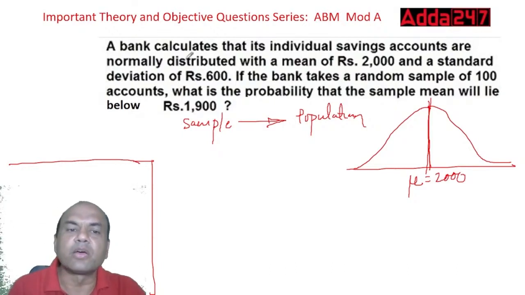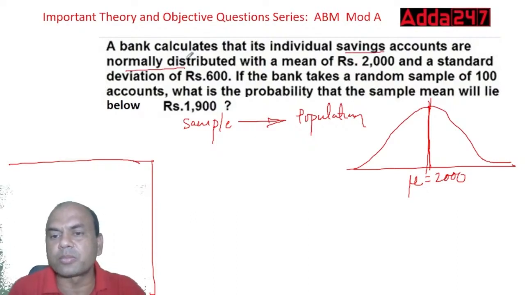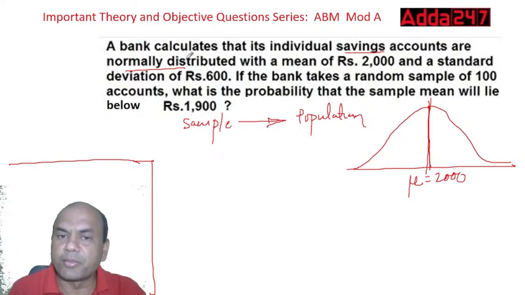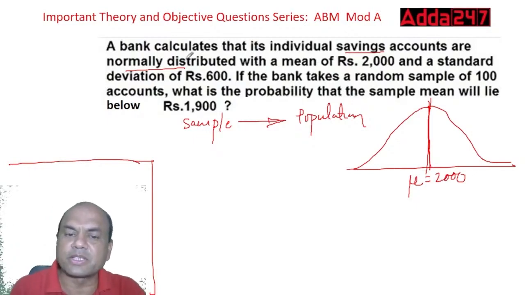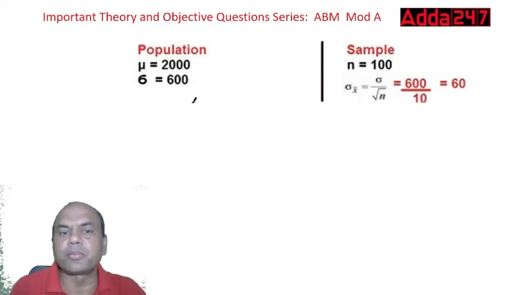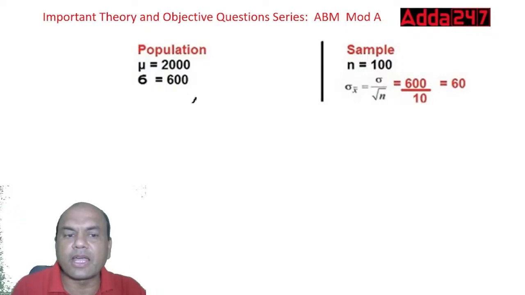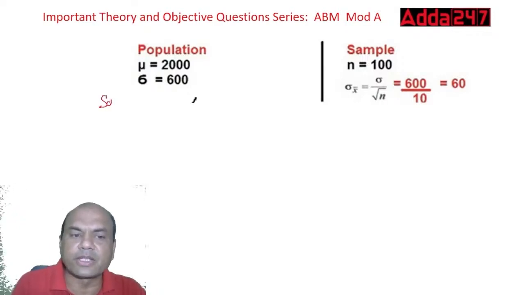Doing something on the sample and applying it to the population. Got it? Now, what is given? The savings accounts are normally distributed. What do you mean by normally? It means the population is normally distributed. It means the bank is having some savings accounts. Let me show you over here only. This is the population and this is the sample. The population means the entire savings accounts of the bank.